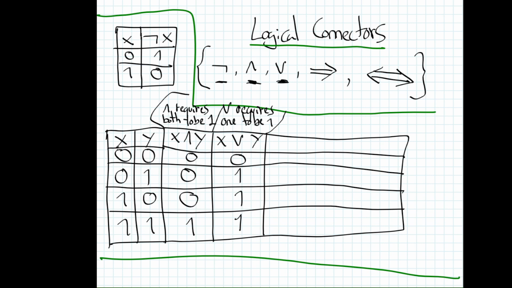So how about now, let's look at the implication connector. Let's say x implies y. What will be the return value? When we're talking about the implication, this is saying that given, let's say x is the implicator, right?